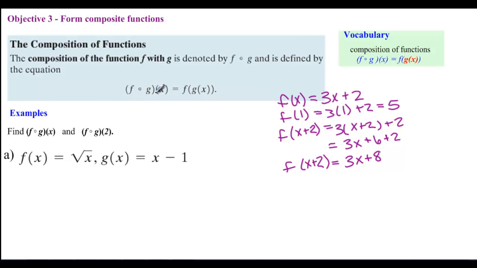So f circle g of x also means f of g of x. Whenever you're saying "of" in math, it often means open parentheses. You can also see g circle f of x, which means g of f of x. So this would be plugging f of x into g, and this is plugging g of x into f.